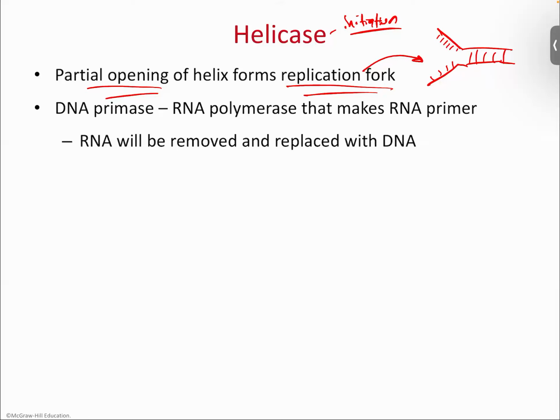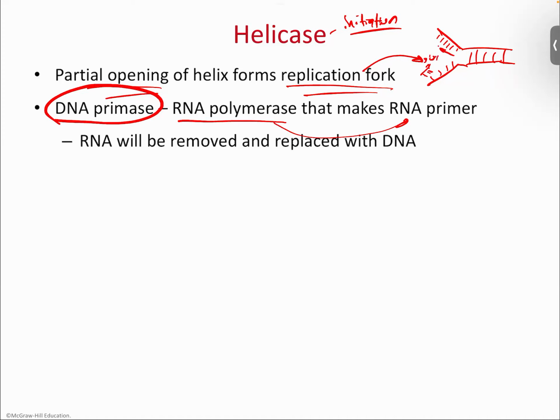So who does that? Well, let's add our sixth enzyme. We actually have an RNA polymerase called DNA primase. And this one will make the RNA primer like this. There it is. Just that easy. Lay down a primer right there, and it'll lay down a primer right here.